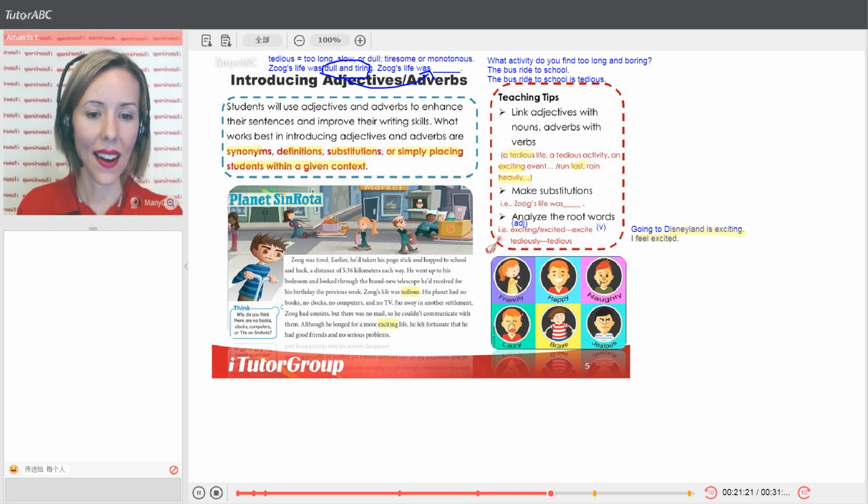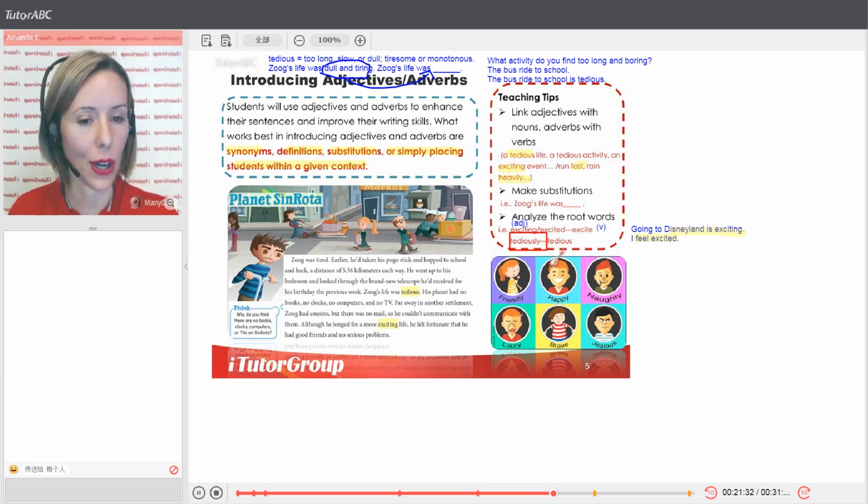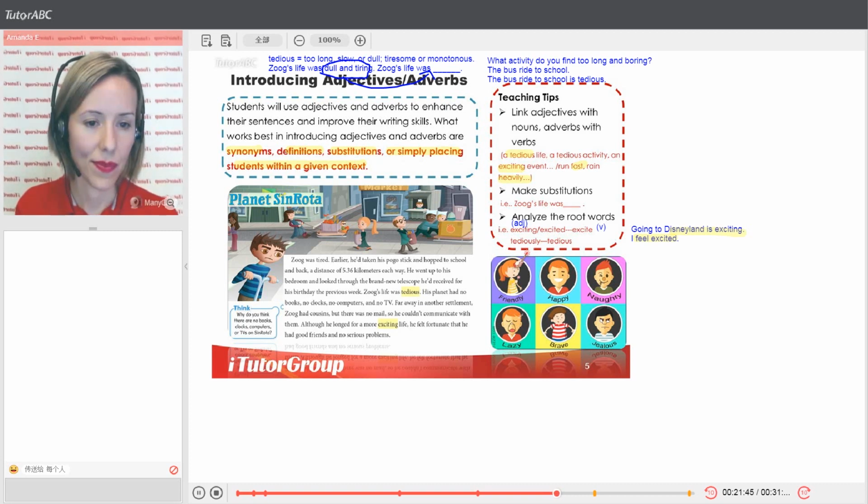All right. Also tediously, tedious. So we can show how sometimes it's an adjective. If it's got an ly, it's an adverb. So you can show them how we have related words, but used in different ways. The teacher's class is tedious.